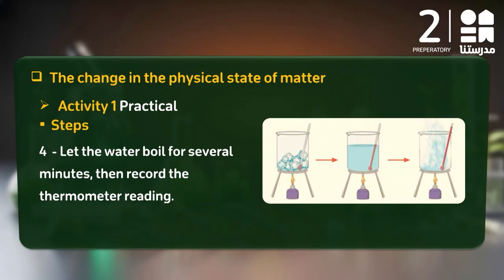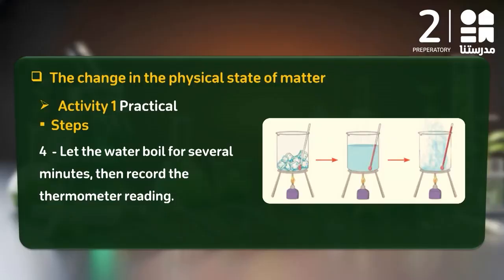So, the steps here must go gradually. Gentle heating and reading of the thermometer. Gently heat to melt the ice, then record the temperature, then boil the water and record the temperature.